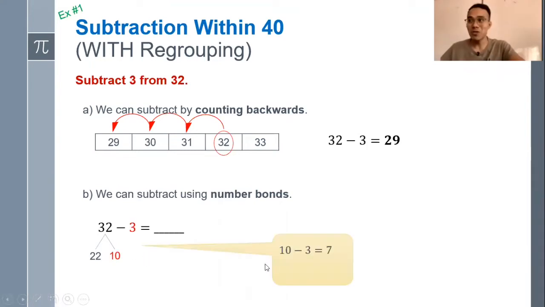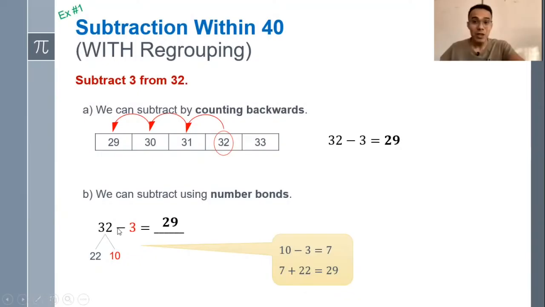We are going to subtract 10 and 3. 10 minus 3 is 7. Next, we are going to add 7 and 22. 7 plus 22 is 29. Therefore, 32 minus 3 is 29.